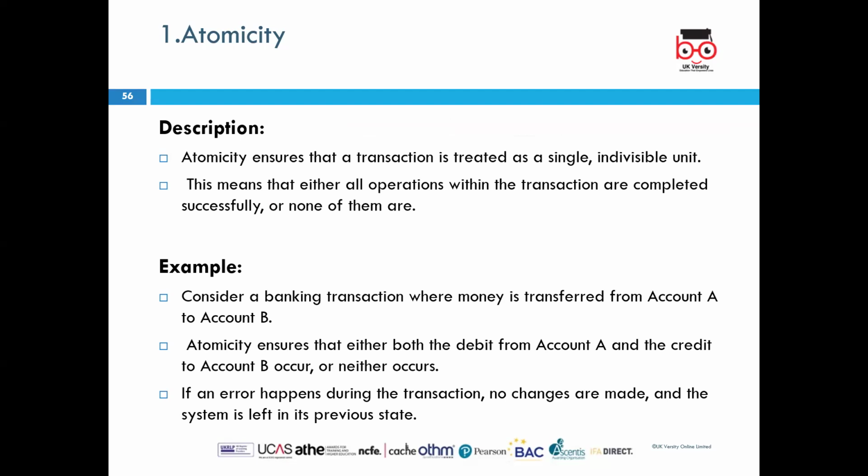With this, we ensure that a transaction is treated as a single indivisible unit. We're going to perform a validation process where we ensure that it is not possible to duplicate these values.